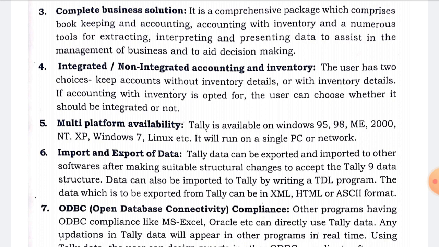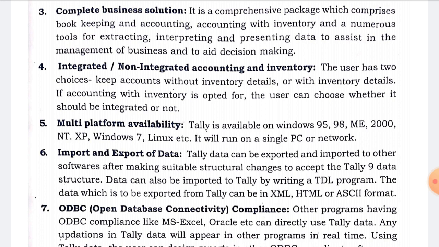Fourth one, integrated but non-integrated accounting and inventory. Integrated means combining. There are two types of companies. One is a trading company which does not have stock or inventory, and another are companies which have stock.